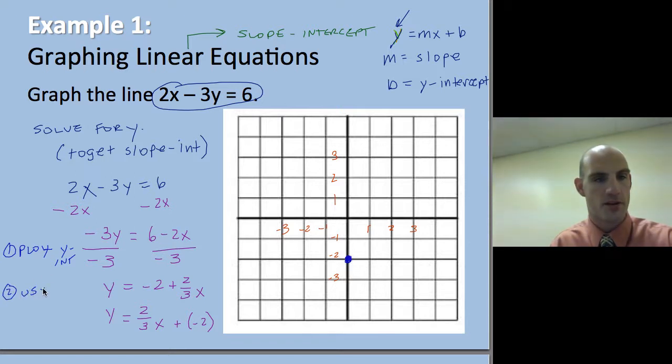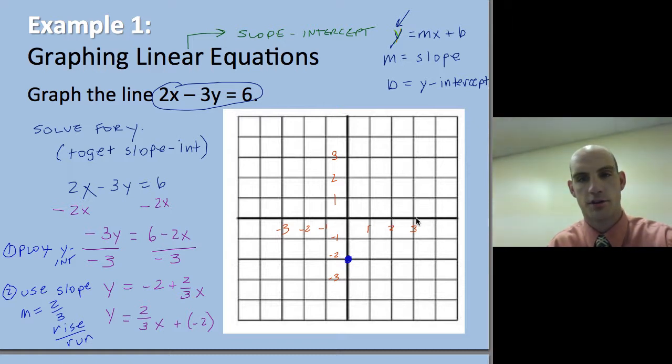And the second step is going to be use slope. Well, my slope is 2/3, and I remember that that's rise over run. And so I'm going to go up 1, 2, and over 1, 2, 3. So I go up 2 and over 3.